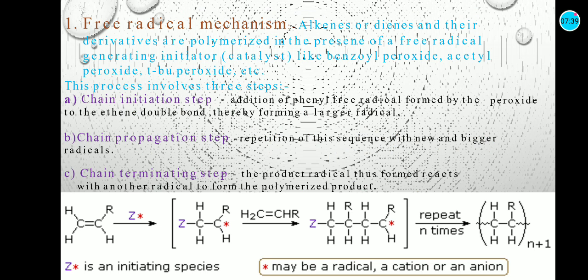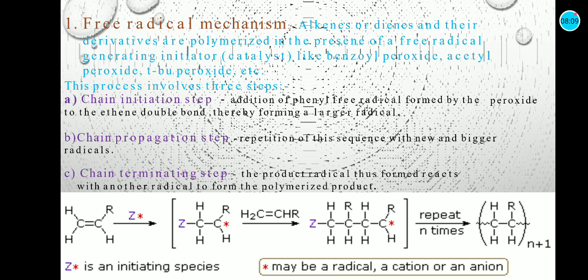Okay, first, the free radical mechanism. Alkenes or dienes and their derivatives are polymerized in the presence of a free radical generating initiator catalyst like benzoyl peroxide, acetyl peroxide, tertiary butyl peroxide, etc. These processes involve three steps.